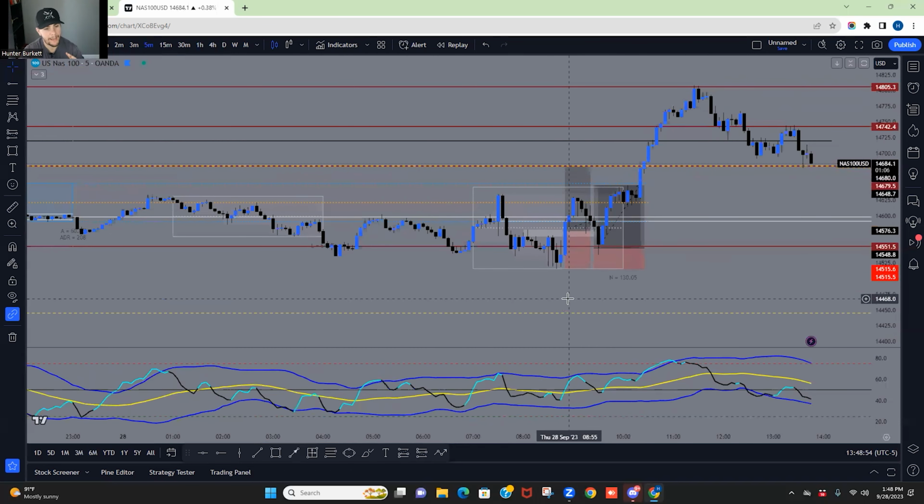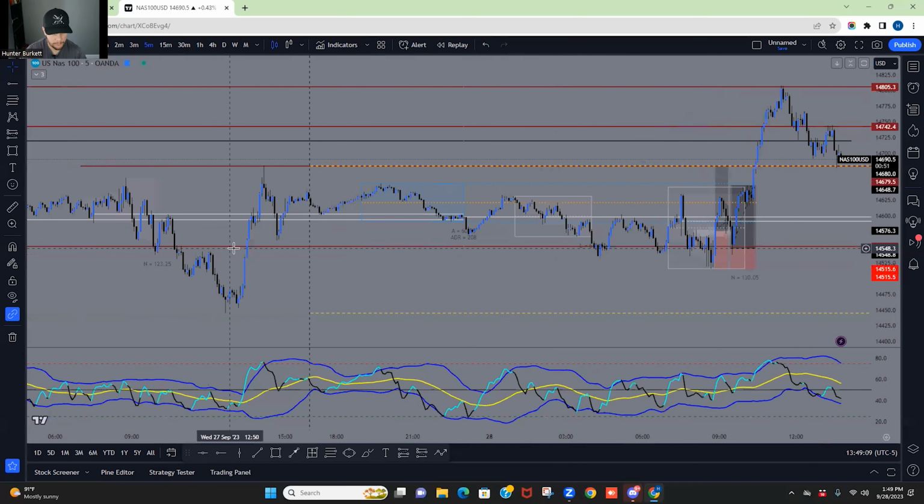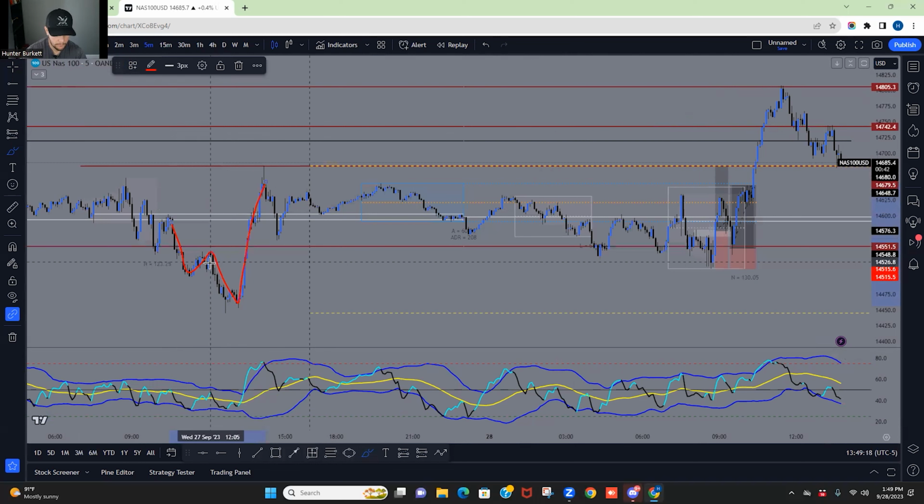This is the reason why I tell you timing is so important, because you can play their game. 8:30 rolls in right there. Okay. Wham first. Sweeps the low, pulls deeper into inefficiency. What do we have from yesterday? Boom, boom, boom. Displacement. Breaker.